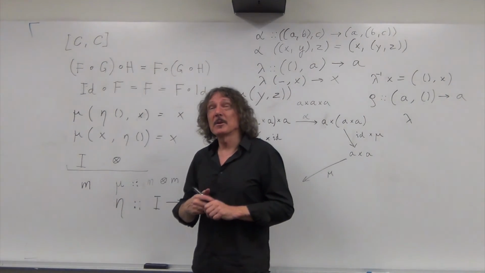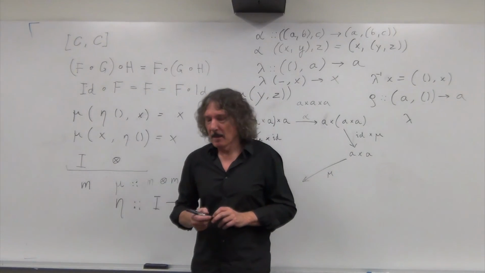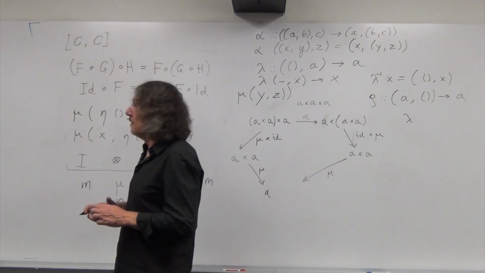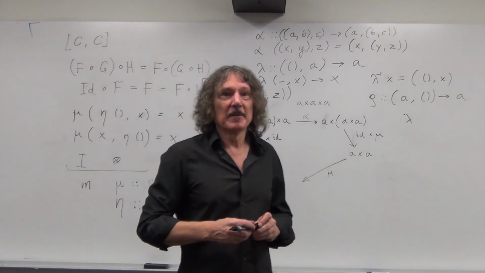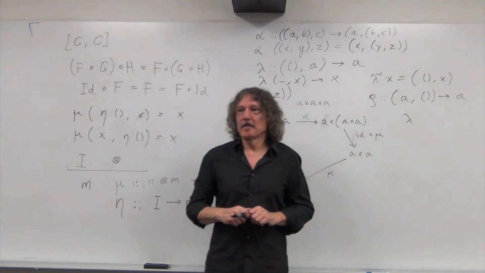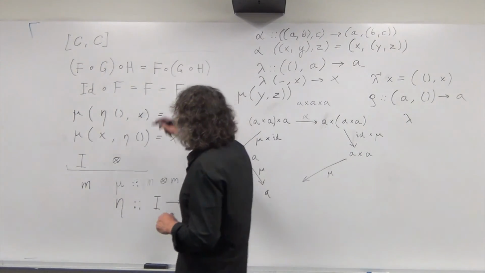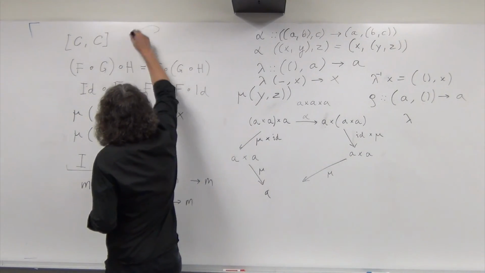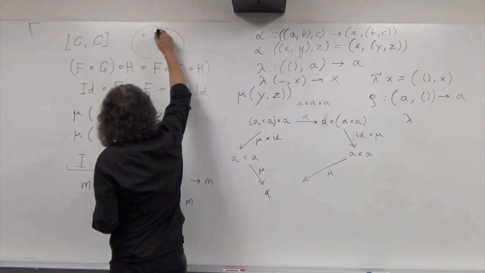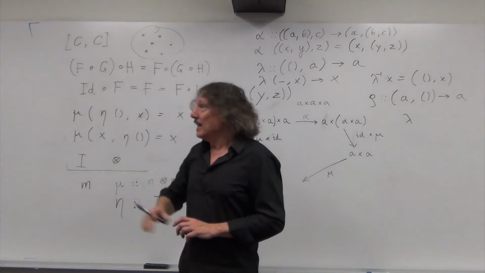So now we have a monoidal category. Monoidal category of endofunctors, right? We can pick an object there. What it means is picking an endofunctor, right? So we have this category where we have endofunctors, and it's monoidal.